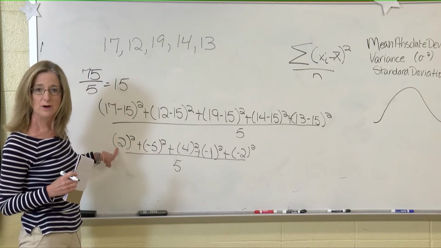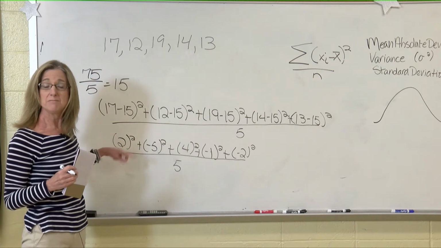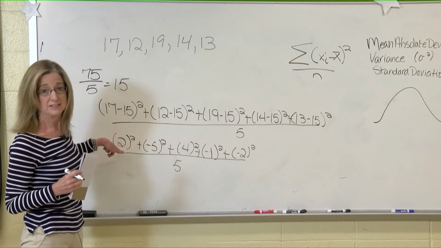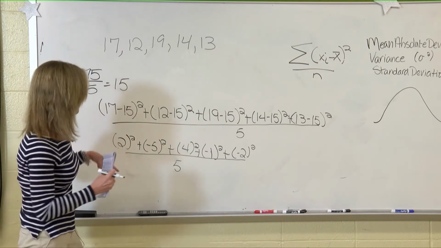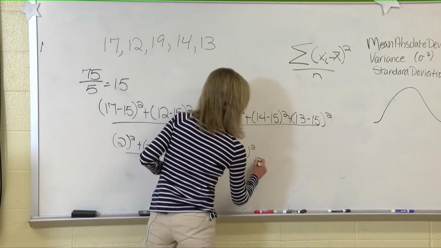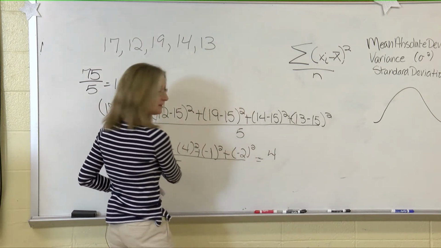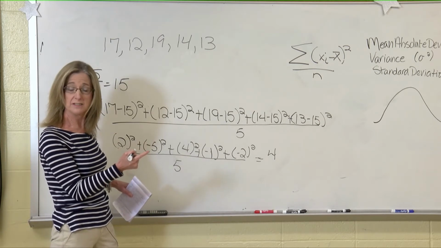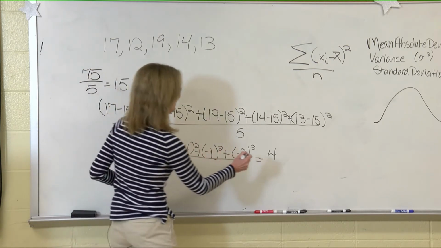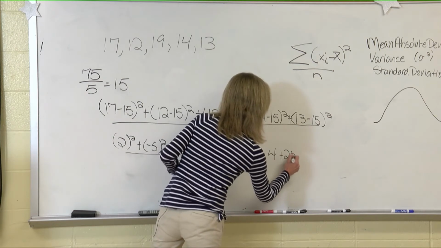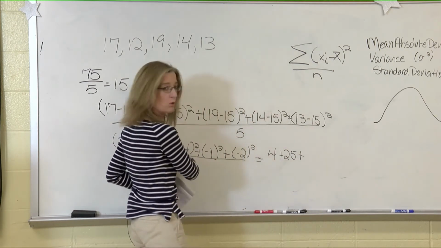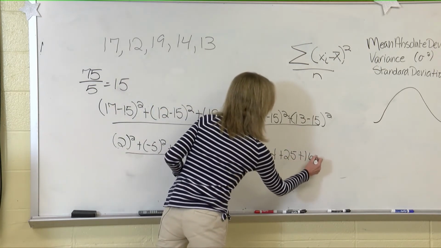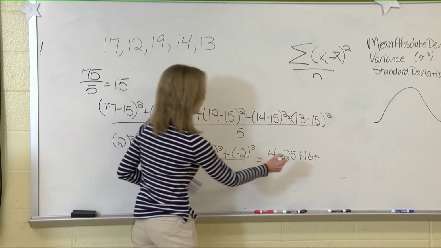So what is 2 squared? Once again, I'm finding differences, and I'm squaring. 2 squared is 4. Negative 5 squared is what? It becomes positive when I square it, doesn't it? Negative 5 squared is 25. 4 squared is 16. 1 squared is 1.